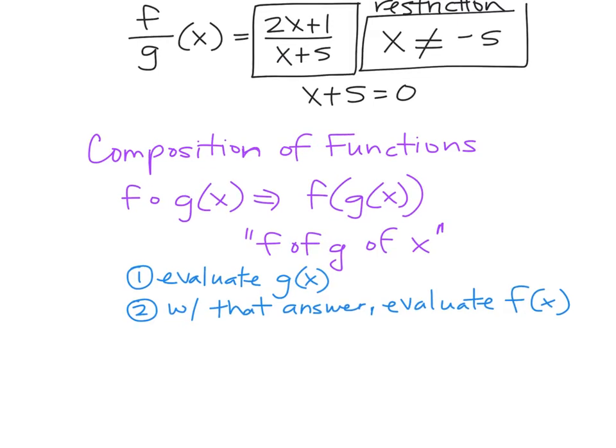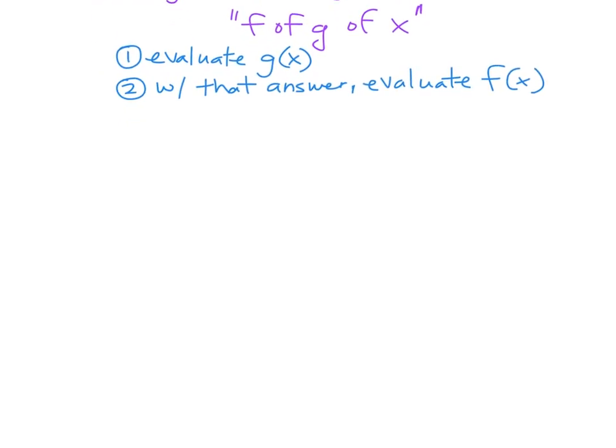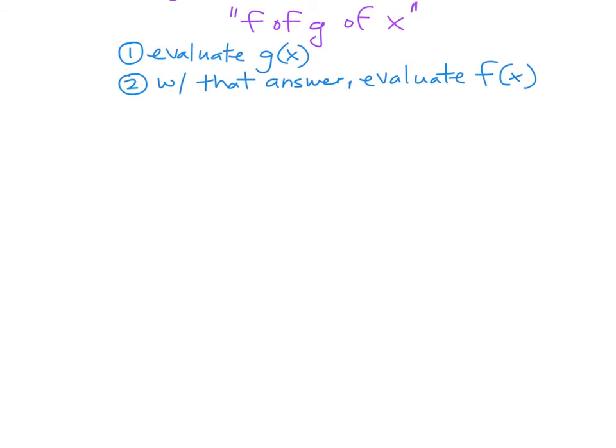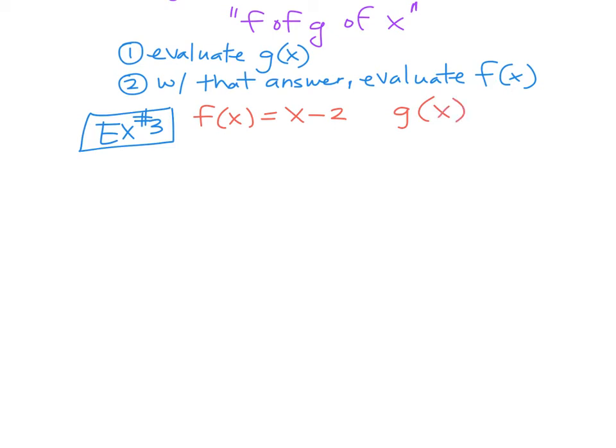Okay, so I'm going to give you two new functions again, and we're going to do this process. Example number 3. So here are your functions. Function number 1 is going to be f of x equals x minus 2. Function number 2 is going to be g of x equals x squared.